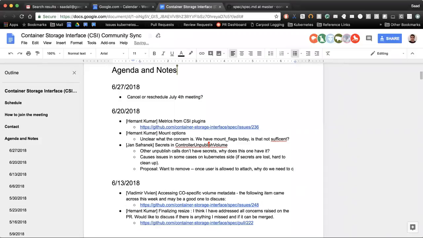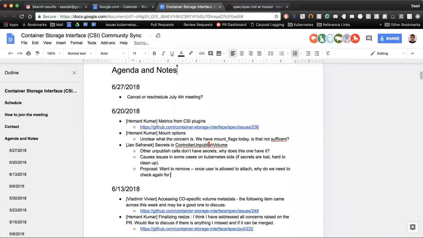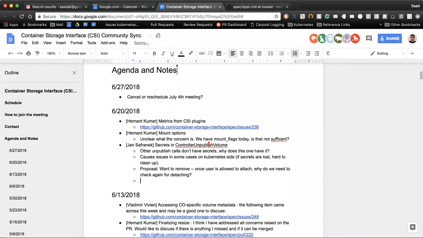I think it was sort of along the lines of, if you imagine a multi-tenancy environment where, for example, you're running in GCP, detach in this case is going to be dissociating a storage device from some VM, right? So you need somebody's credentials in order to do that.